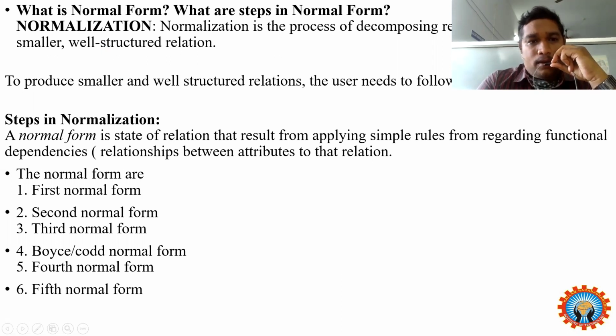If there is duplication of data in a relation, you say that the relation is a bad schema. In order to decompose that bad schema into a well-structured schema, we have to follow an important criterion called normalization.